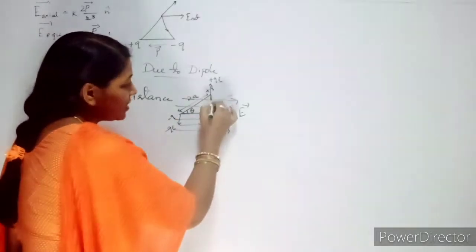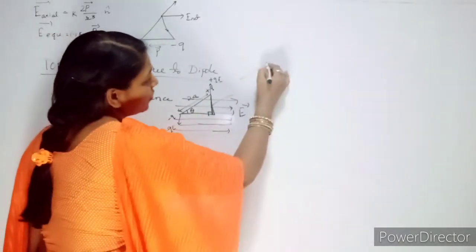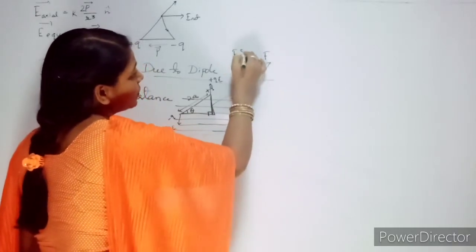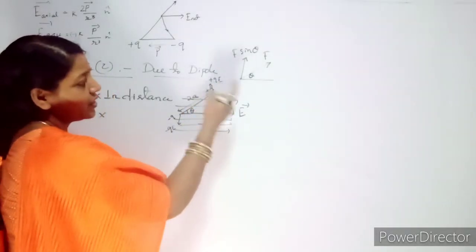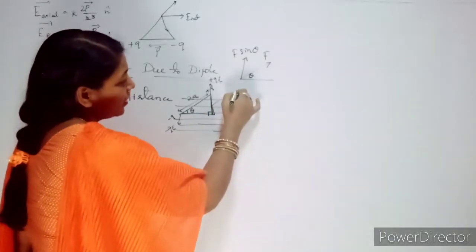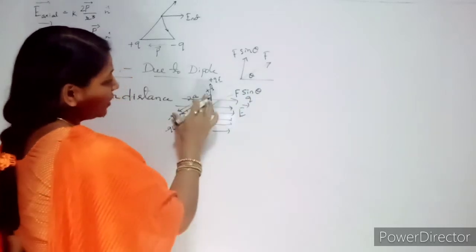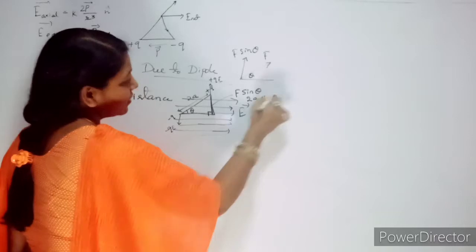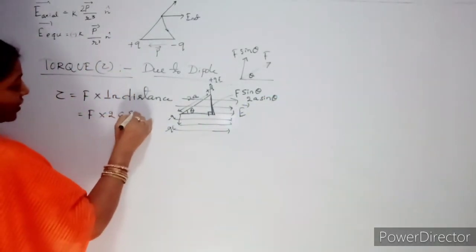We want the perpendicular distance, which is making a 90-degree angle. So if a force is like this, making angle theta, then the vertical component will be F sin theta. Similarly, F is QE. So this is F sin theta, here it is 2a, so this is 2a sin theta. Clear? So now you can replace it with 2a sin theta.